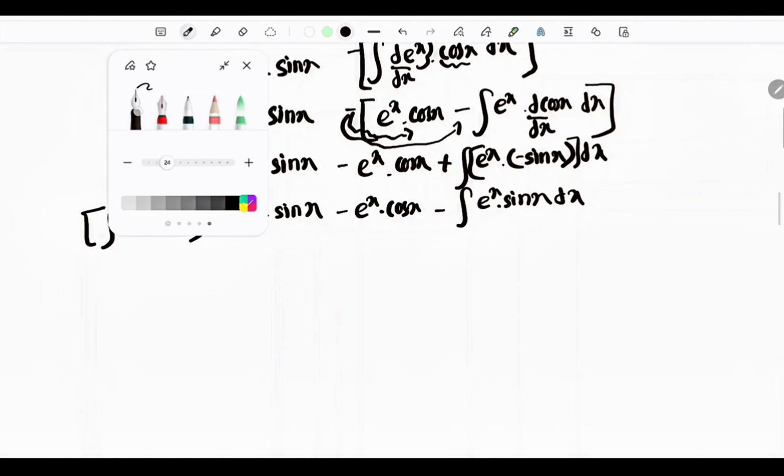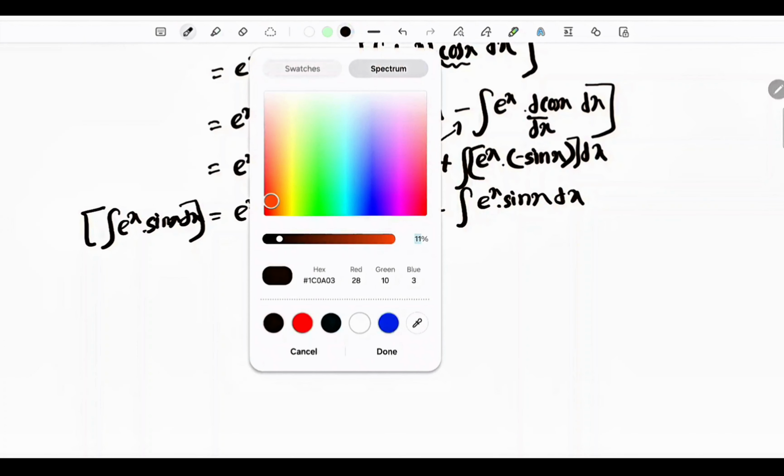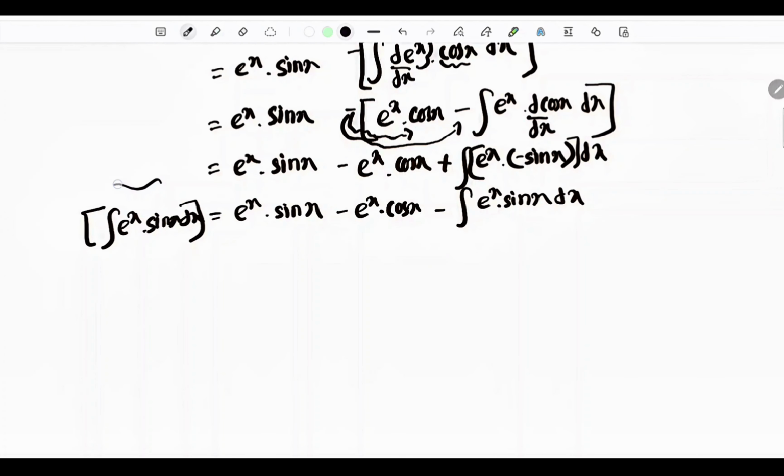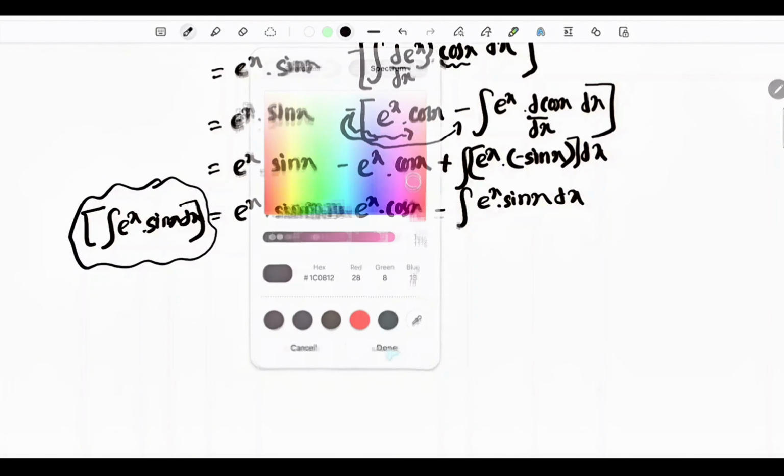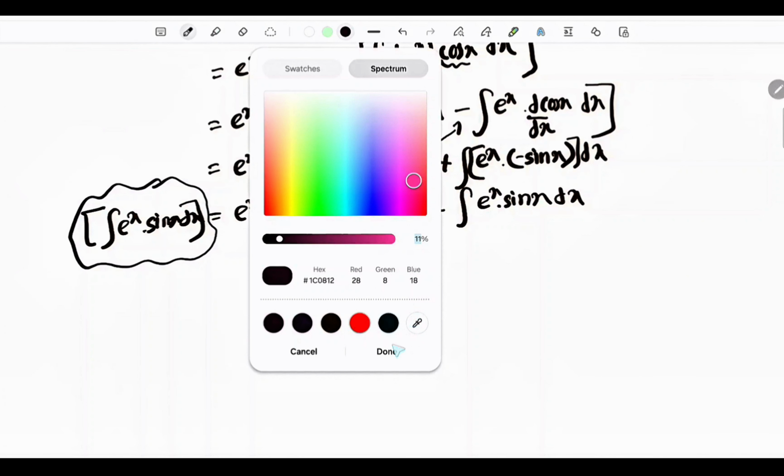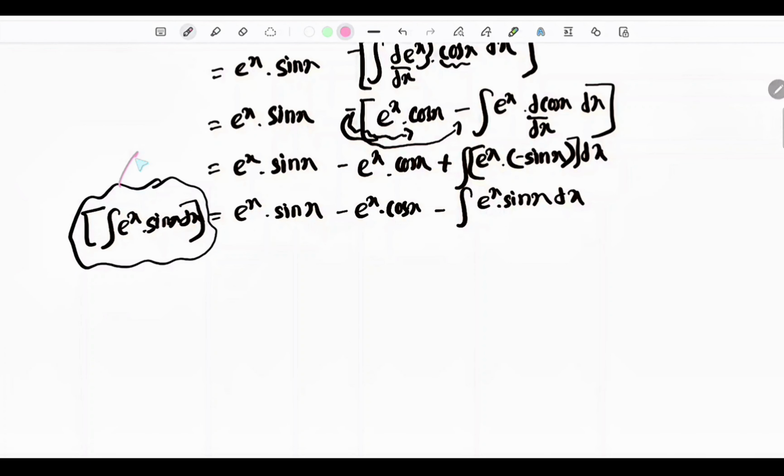If we want, we can see this whole term, the integration of e^x times sin x, as a single constant. In fact, that is not a constant. I just wrote the term a, right?